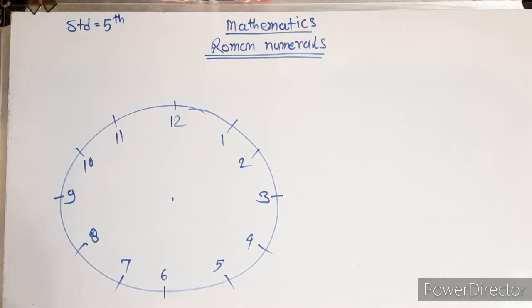The letter I was the symbol used for 1. The letter V for 5. The letter X used for 10.